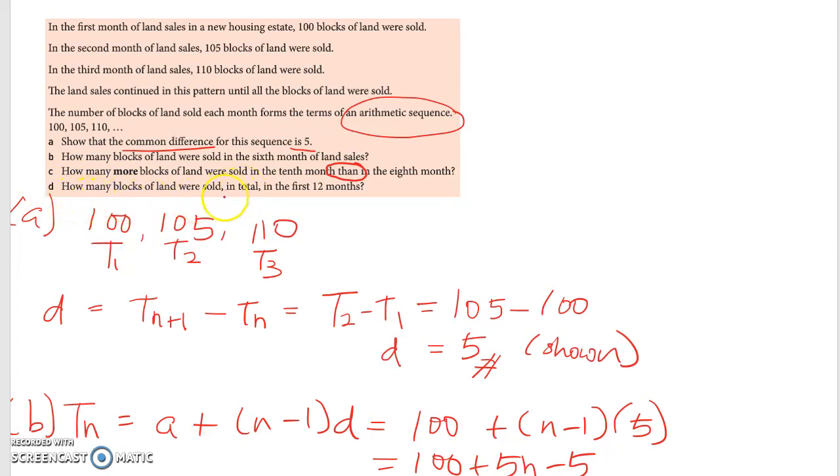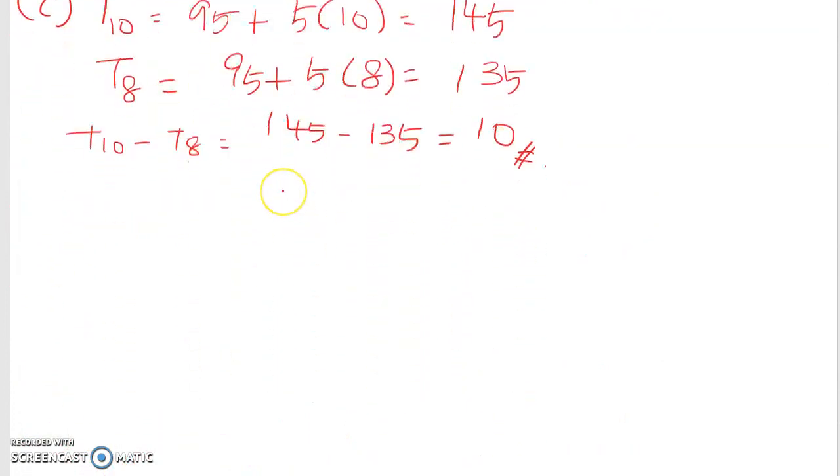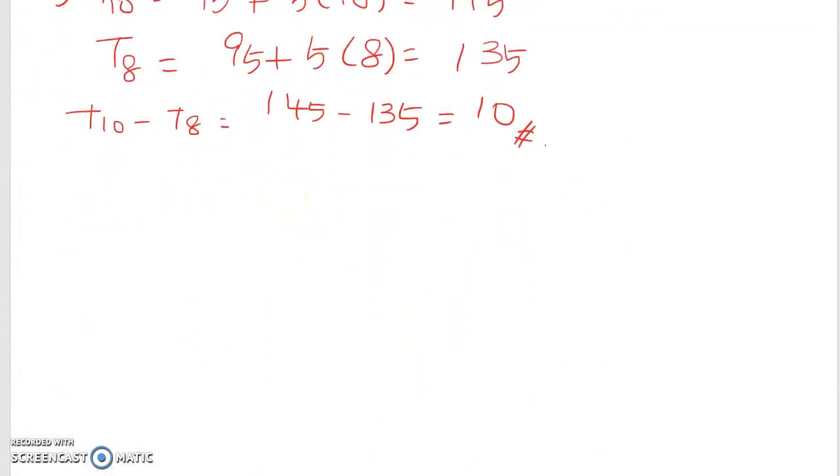How many blocks of land were sold in total in the first 12 months? Okay, so they're asking us for the total now, which is different from the term. So we're going to change our equation slightly. Since they want us to find the total, we're going to use the sum equation.